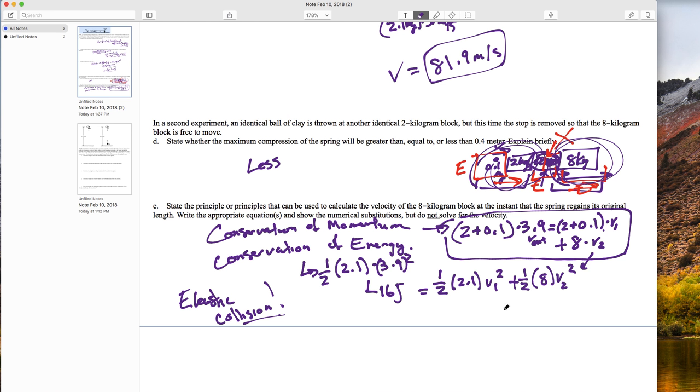So having two equations, a system of equations, we can solve for the missing two values, V1 and V2, if we solve them as a system. You don't have to solve them as a system. According to this, do not solve for velocity, but you do want to set up the equations here.